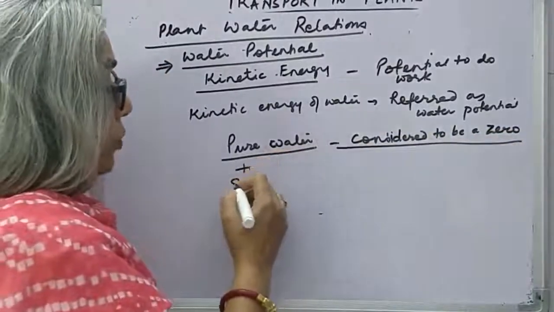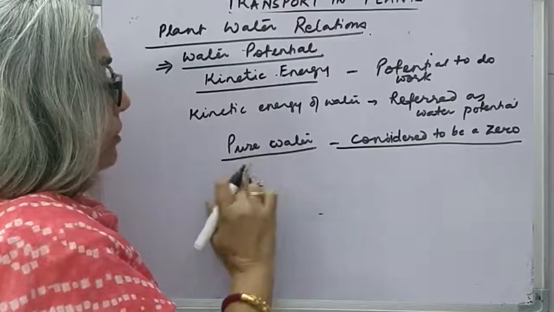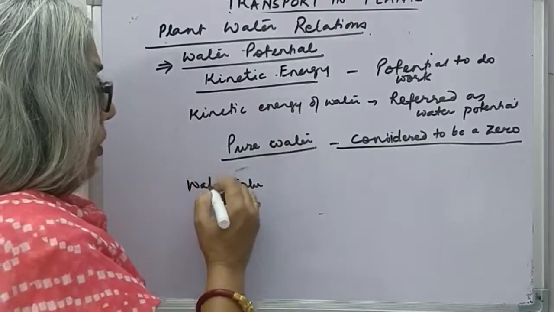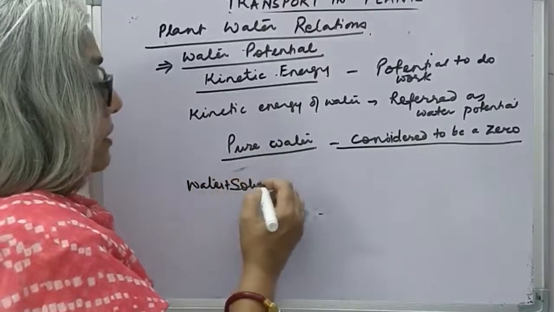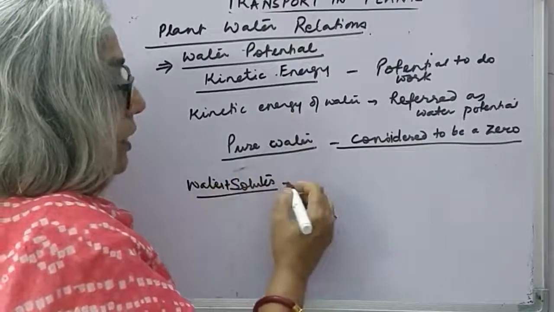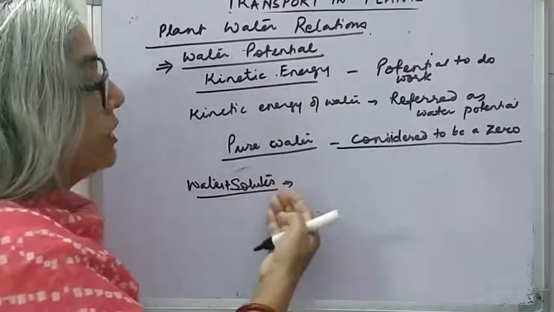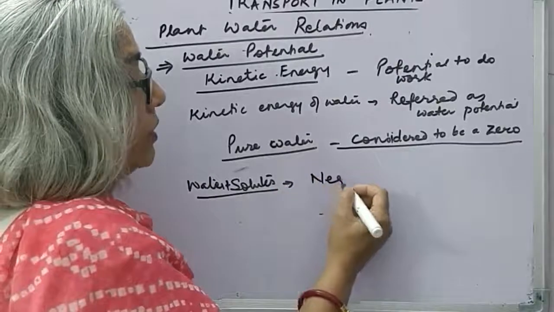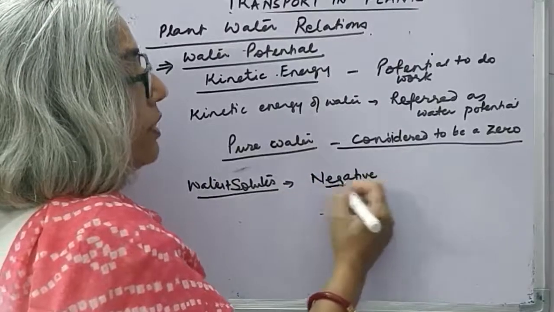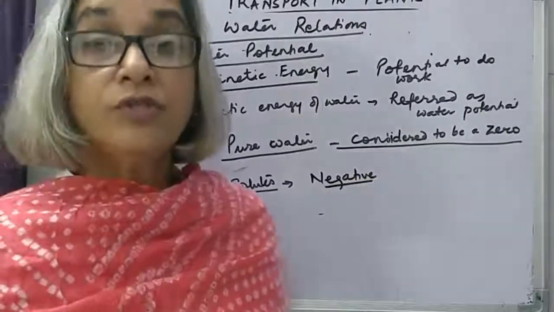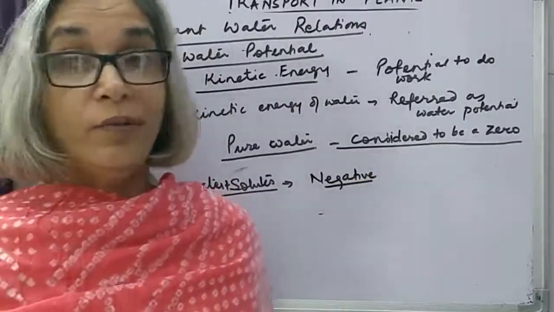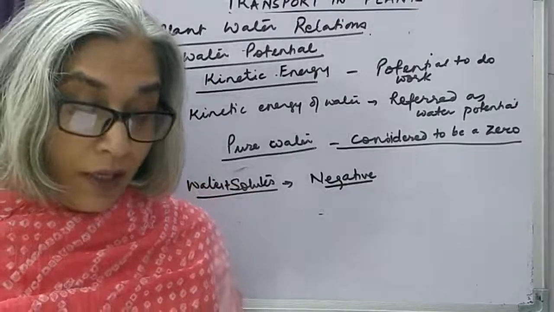And when solutes are dissolved in water, pure water plus solutes dissolved in water, that is, a solution is formed, what will happen? Pure water is 0 and solutes are going to be dissolved, then the water potential becomes negative. It reduces, and below 0 it becomes negative.